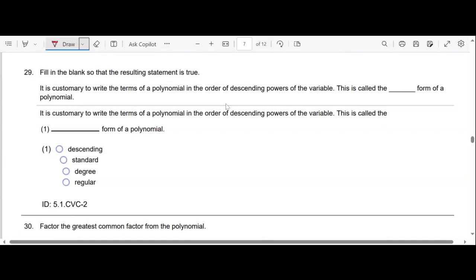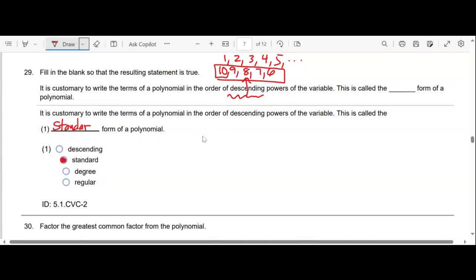This is called the blank form of a polynomial. What does descending mean? Is this descending? Yes. Or is the second one descending? The second one is descending. So this one is called descending, so that means standard. So you put here standard.